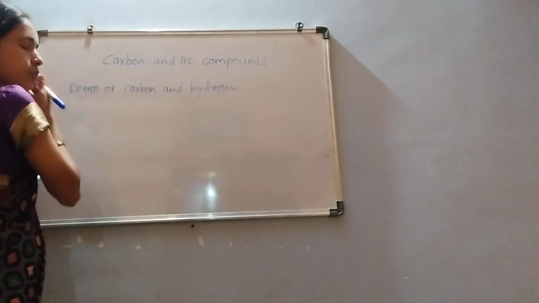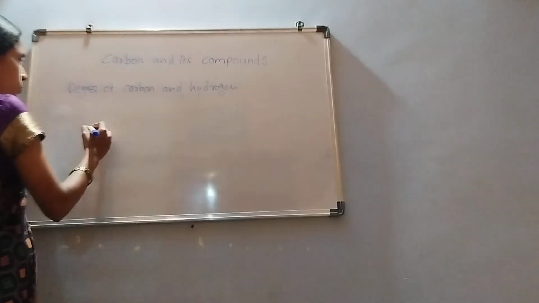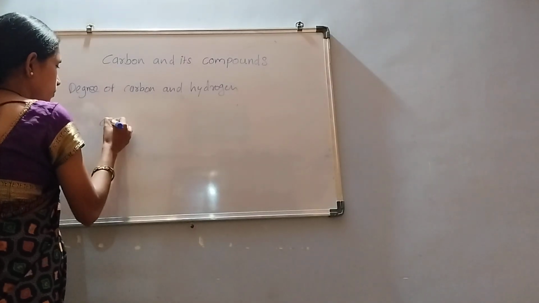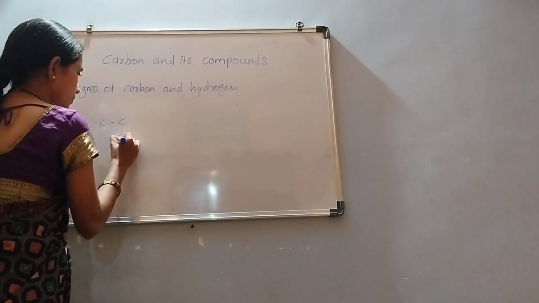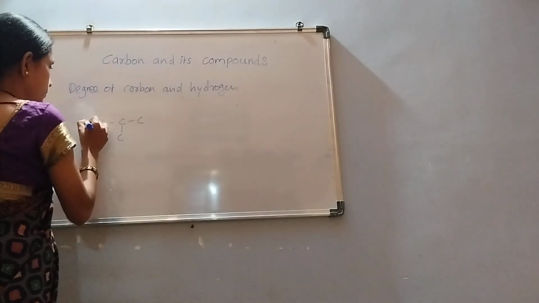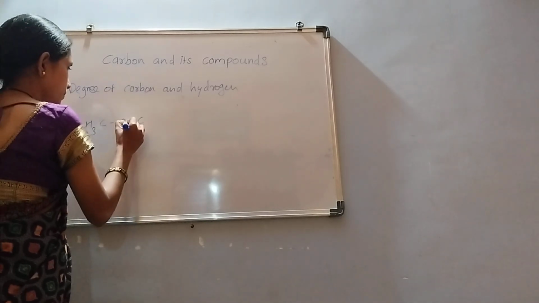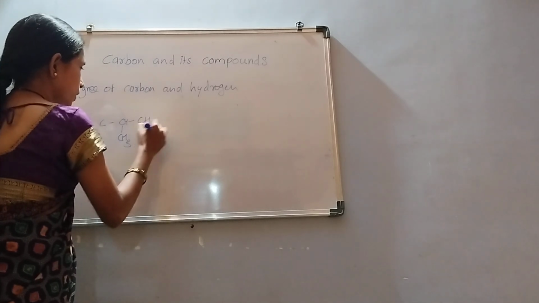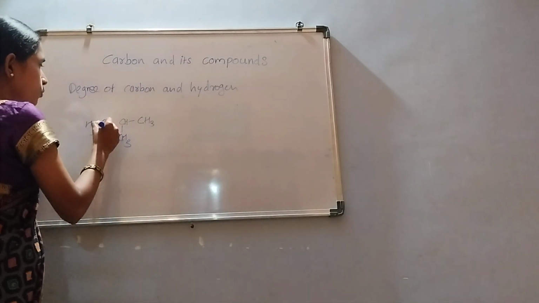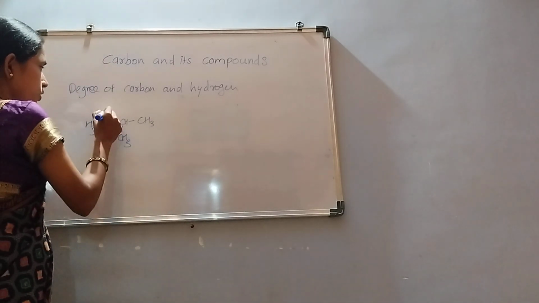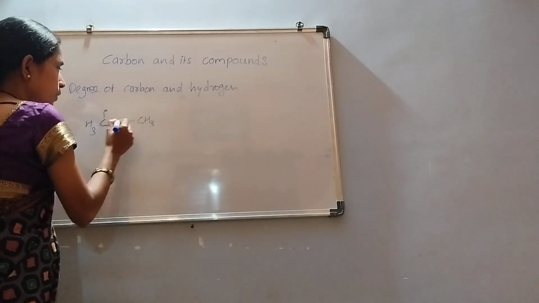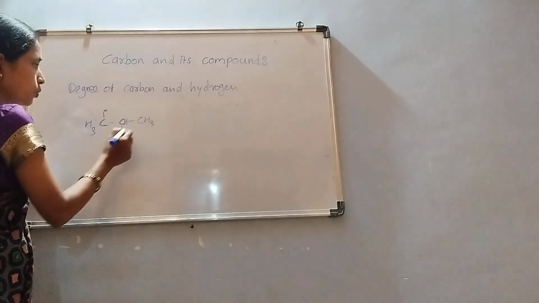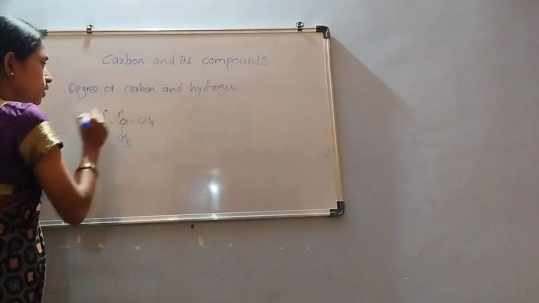Now we can take this butane and make it in a branched form. In this case, this carbon is bonding with only one carbon, so we call it primary. And this carbon is bonding with 3 carbons, 1, 2 and 3, so we call it a tertiary carbon.